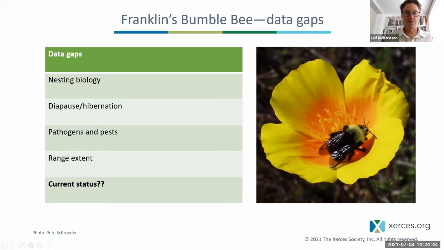We have exactly 340 collecting events where one or more Bombus franklini was either observed or collected over the century and a quarter that we've been paying attention. So we know a lot about the range, but as I said, there could be extensions to the range if we find additional places where the bee occurs in Southern Oregon and adjacent Northern California.